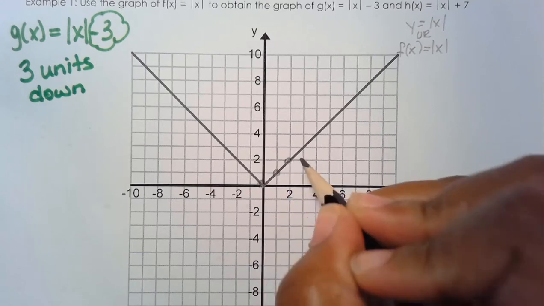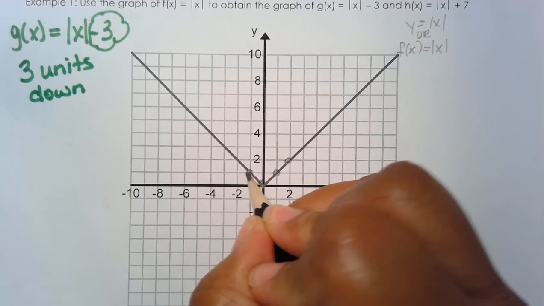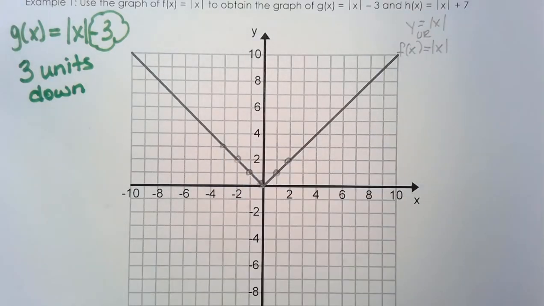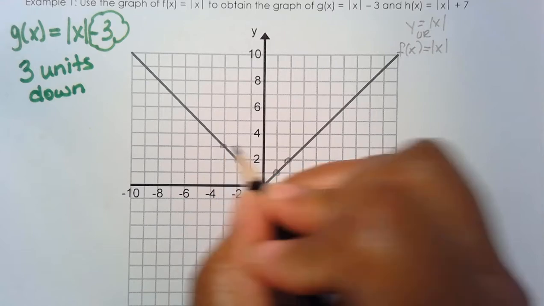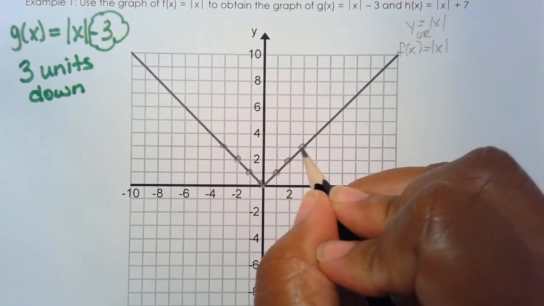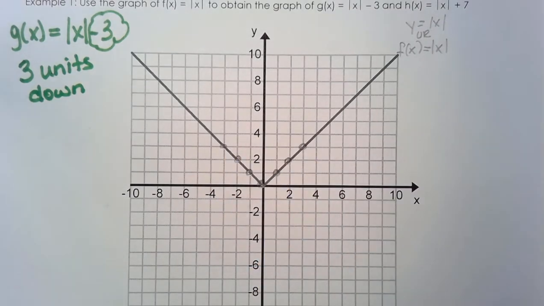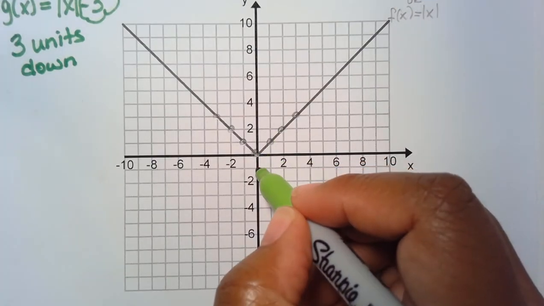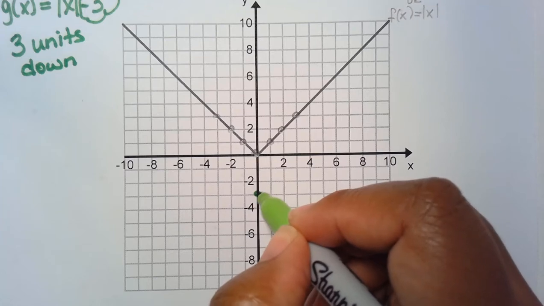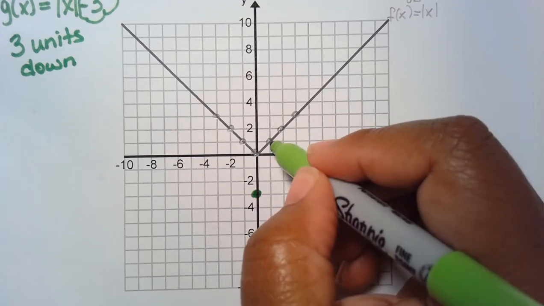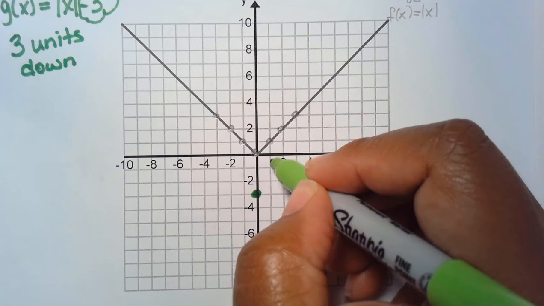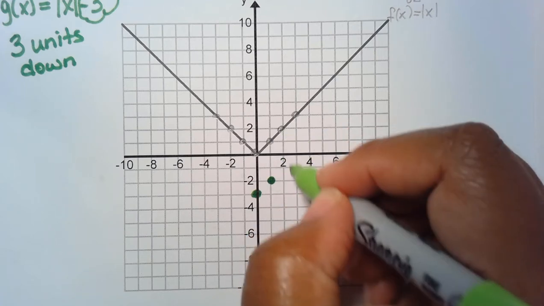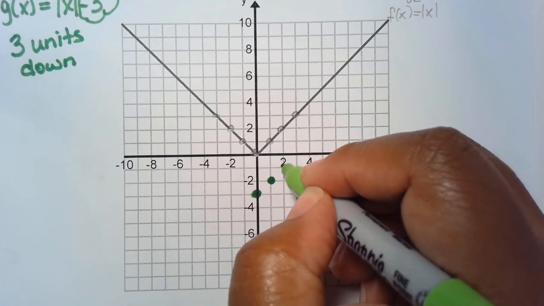And we can count. If we didn't have the ordered pair, we can count and move our graph down that many spaces. So we can start at 0, 0, and we count down 3 units. 1, 2, 3. From 1, 1, count down 3 units. 1, 2, 3. From 2, 2, count down 3 units. 1, 2, 3.